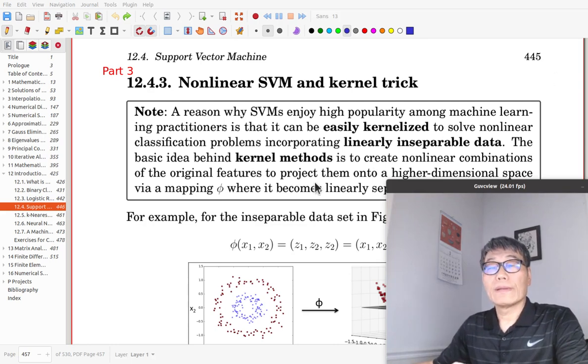In the third and last part of the section, we'll consider nonlinear variants of the support vector machine classifier.